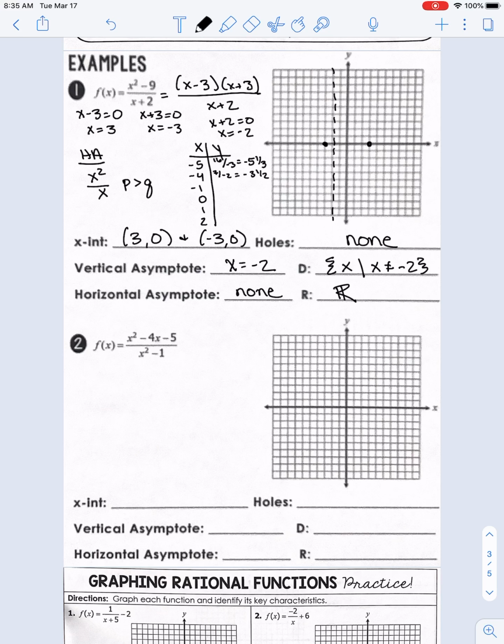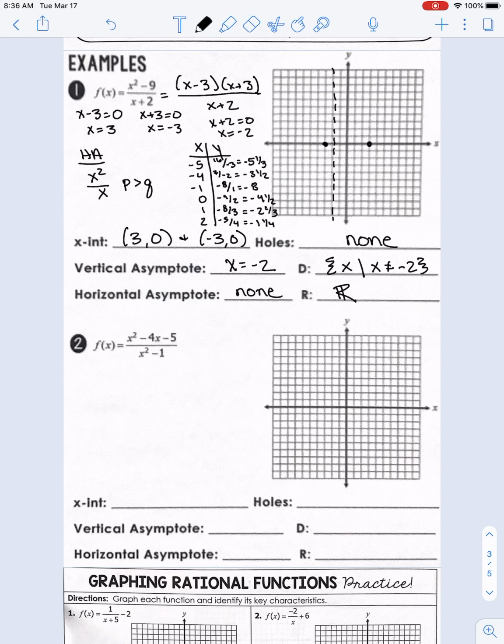If I do negative 1, I get negative 8 over 1, so negative 8. If I do 0, I get negative 9 over 2, so that's negative 4.5. If I do 1, I get negative 8 over 3, so negative 2 2/3. And if I do 2, I get 4 minus 9 is negative 5 over 4. So that's negative 1 1/4.